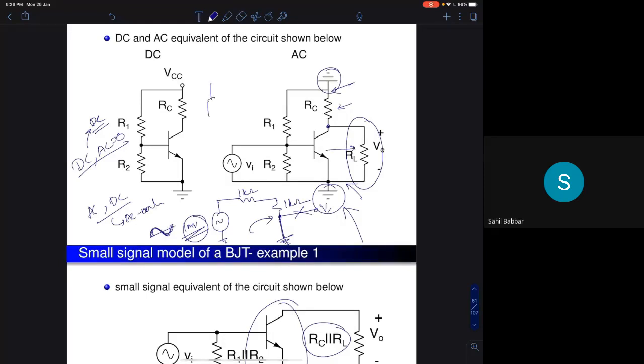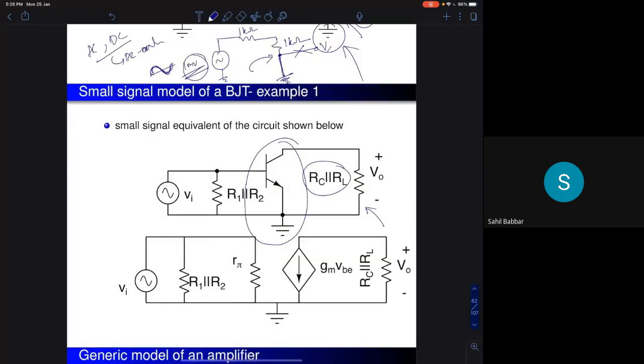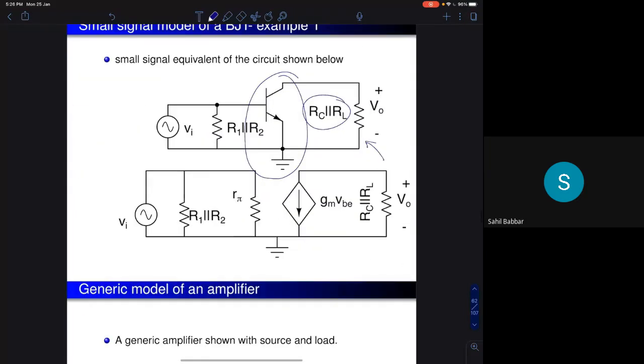If you have two resistors or two devices with two nodes being common, or the voltage across them is the same, then the two devices will be in parallel. So this becomes RC parallel RL. Okay. So now replace your BJT with this device and you have your small signal model. That's it. Now you have to perform KCLs and KVLs and derive the voltage gain expressions.